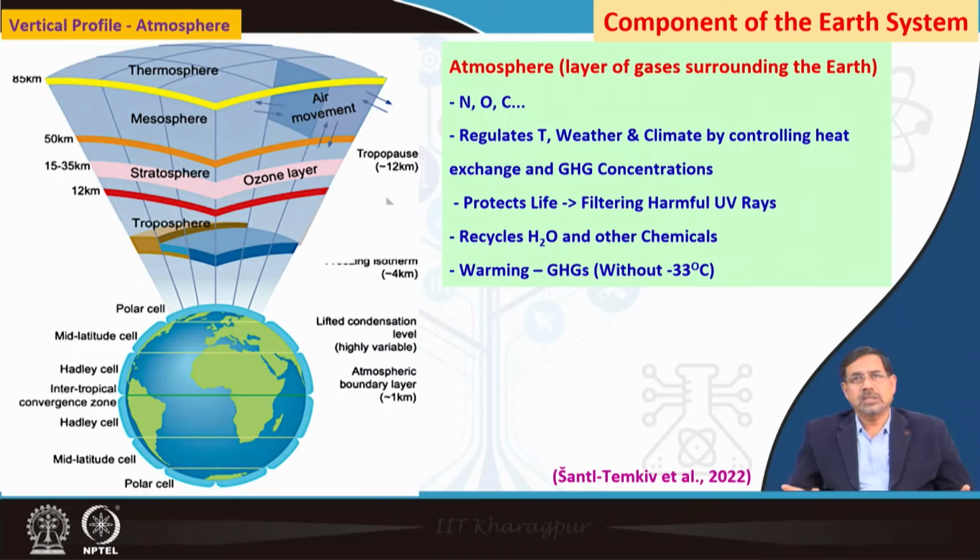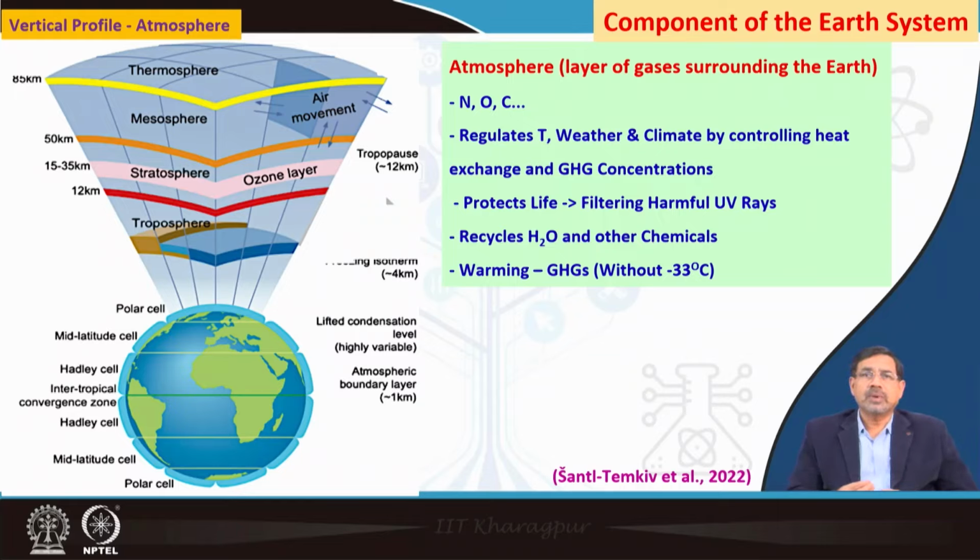As has already been told, the dominant composition of Earth's atmosphere is nitrogen, oxygen, carbon dioxide, and many other gases. They in turn regulate the various climate variables or climatic components, such as temperature and weather pattern, and this leads to control of the heat exchange and also the greenhouse gas concentration.